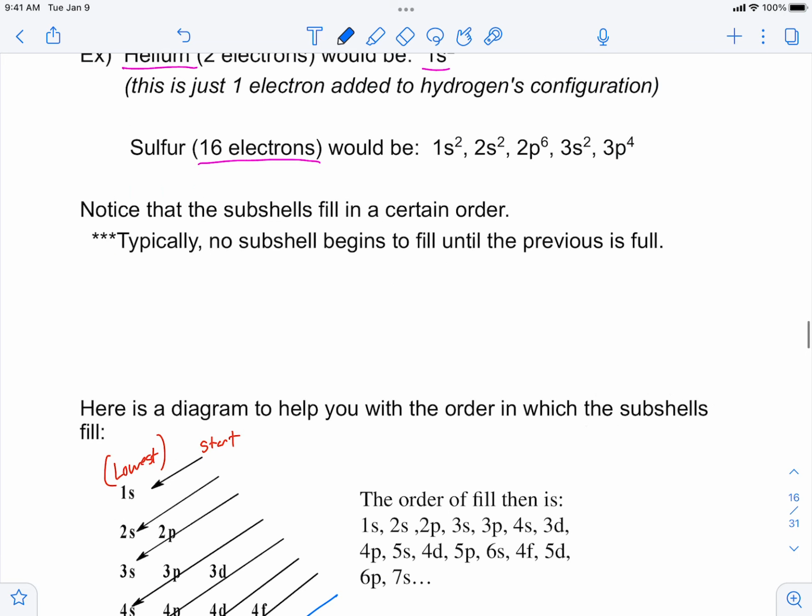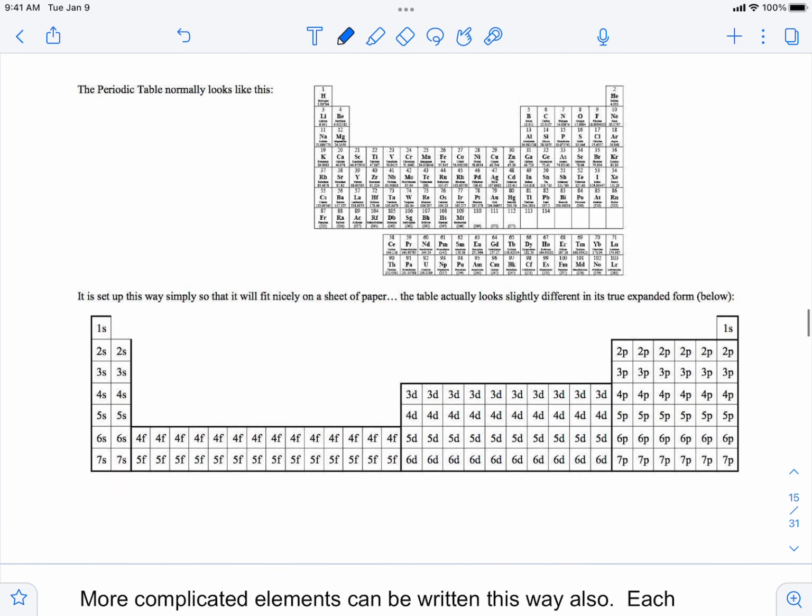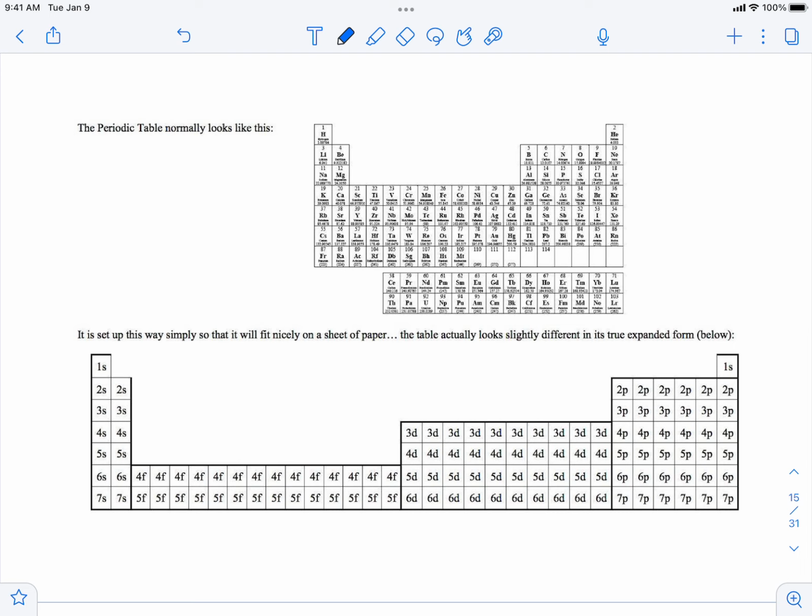So, looking at the periodic table. This first chunk, energy here, let's number these. 1, 2, 3, 4, 5, 6, 7. There are 4 distinct areas on the periodic table that have a category. The S columns are the first 2 columns.